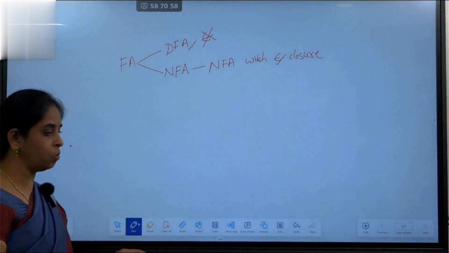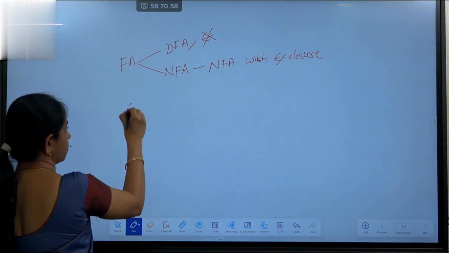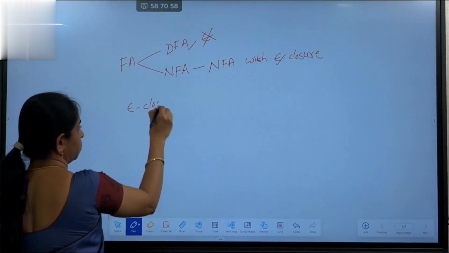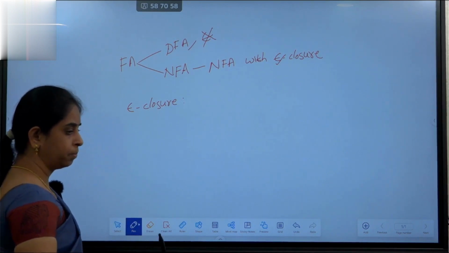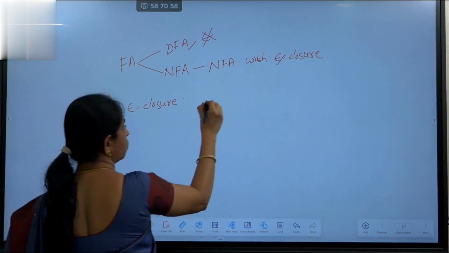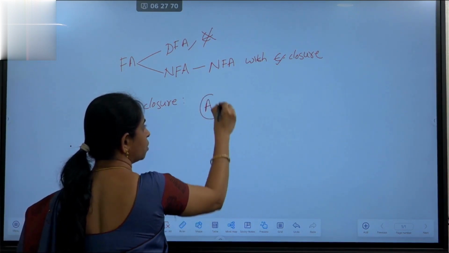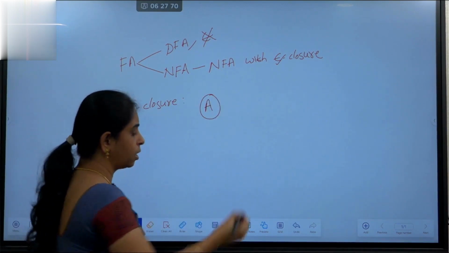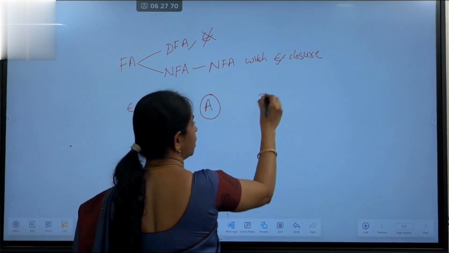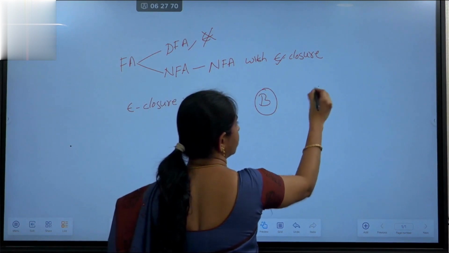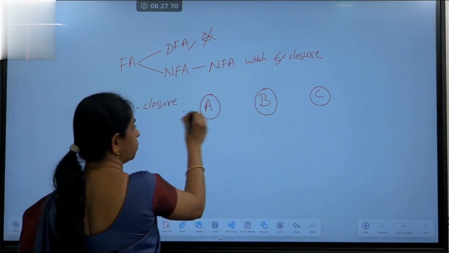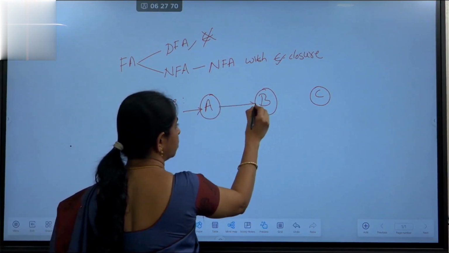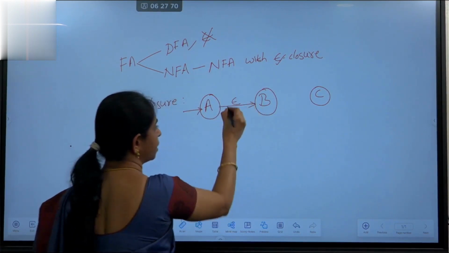First we will see what epsilon closure is. So we will take one example. Always I am taking Q0, Q1, Q2 as the states, but here you can also take any states, like here I have taken A, B, C. So we will see the epsilon in the transition.